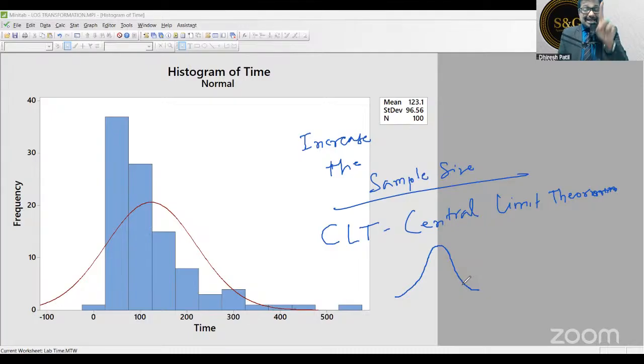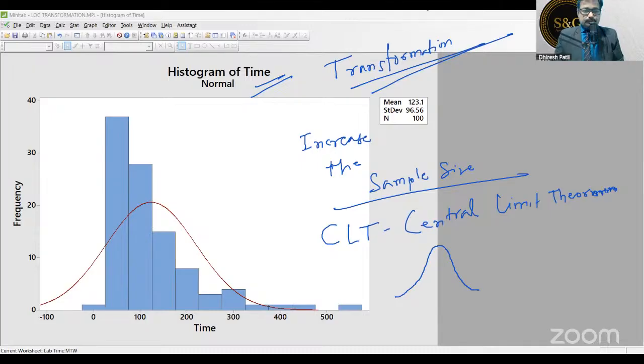But in case of time data, because this is the time related data we are dealing with, even after increasing the sample size, you may not get the normal distribution shape. So in that case, we go for a strategy called transformation strategy. That is what we are going to discuss today.